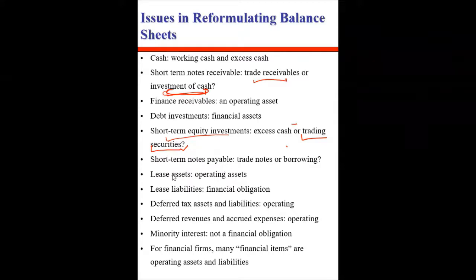And lease assets. We talked about lease assets in the understanding of the balance sheet in previous classes, that we need to understand very clearly whether it is an operating lease or a financial lease based on some criteria. Lease assets are reported in the balance sheet as operating assets at the present value of all the lease payments.